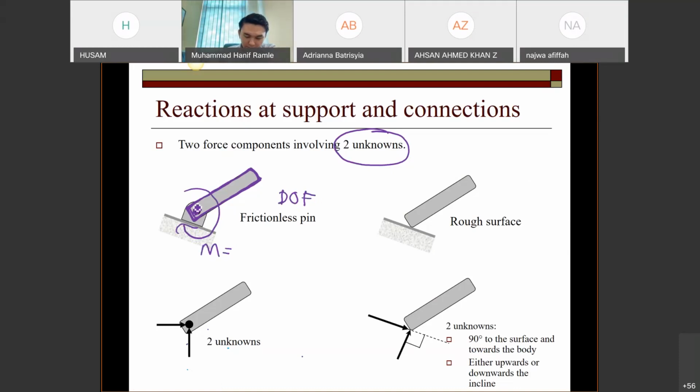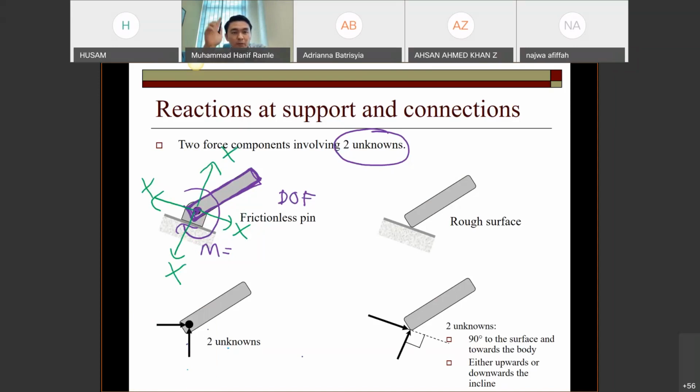The purple rigid body cannot go up, cannot go left, cannot go down, cannot go right. So the purple rigid body can only be rotating.